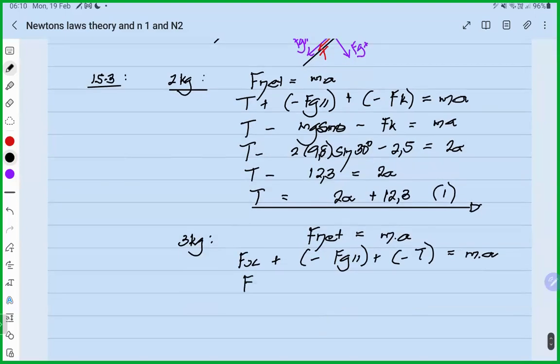Fx is F cos theta. This theta here is 25, minus Fg parallel, which is mg sine theta. This theta here is the angle of the inclination, which is 30, minus T equals ma.